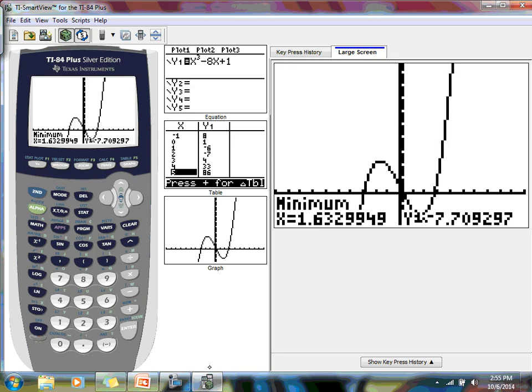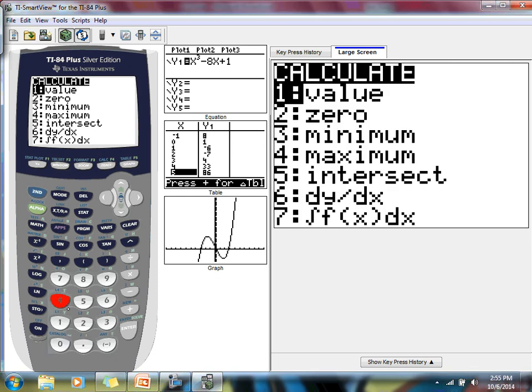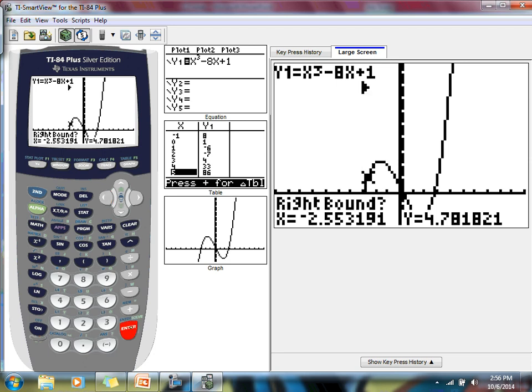And let's go back to the graphing calculator and we'll find our maximum now. So go to Second Calc again, do option 4 for your maximum. Probably should have done my maximum first so I didn't have to move my cursor so much, but that's okay. I have to be on the left side again, so I hit enter. Arrow over to the right side of where I think that maximum is.